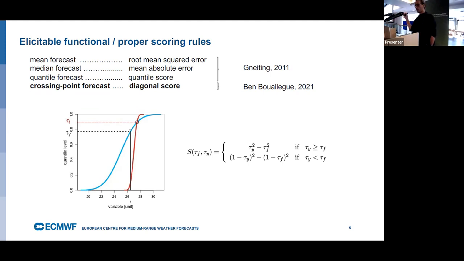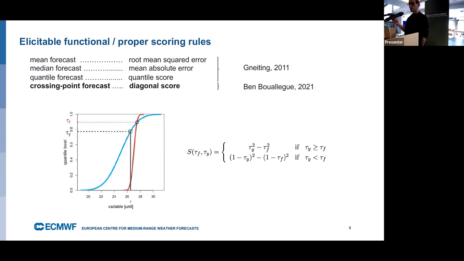So if you go back to 2011, if you want to assess the performance of your mean forecast, you will probably use the root mean square error, not another score, and vice versa. If your loss function is a root mean square error, you will probably pick the mean of your forecast as the optimal forecast.